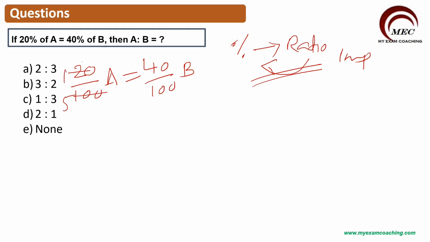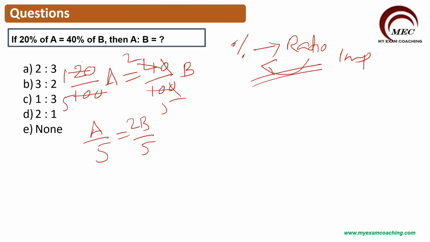Here 40 in 100, you can cut this and this, so you'll get 2 here and 5 here. So we got A by 5 is equal to 2B by 5. Here itself we can find out: cancel 5 and 5, and A is to B is 1 is to 2, or B is to A is 2 is to 1.